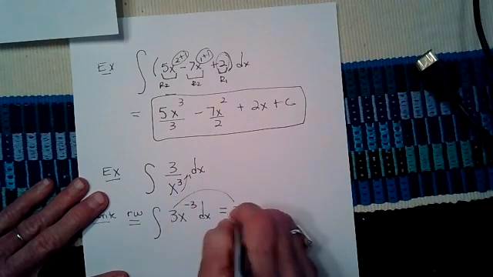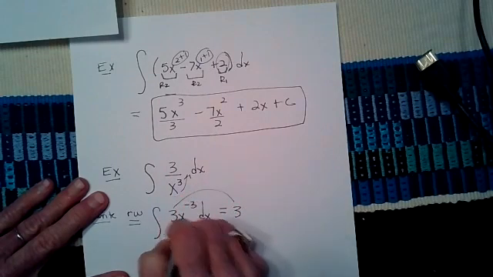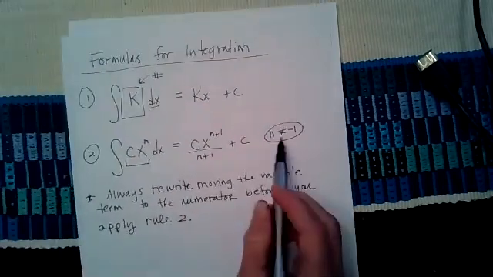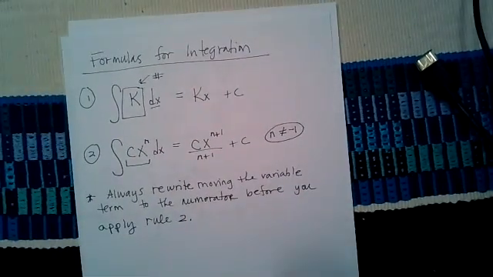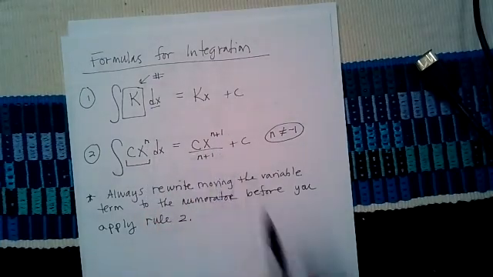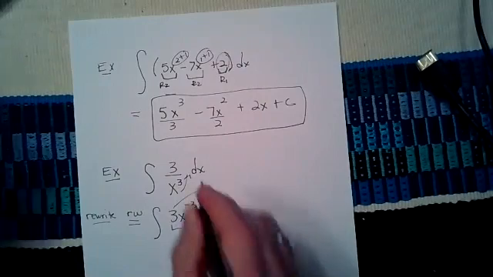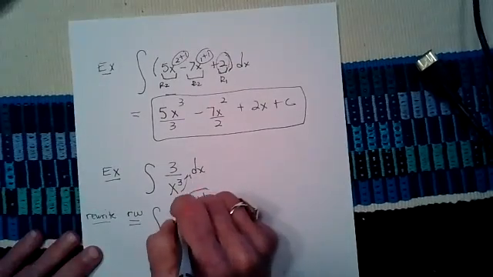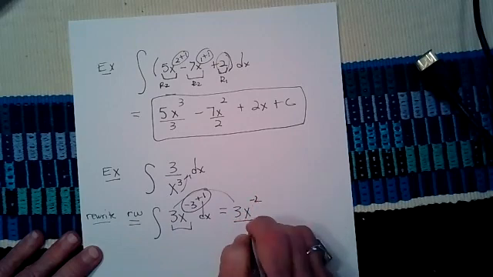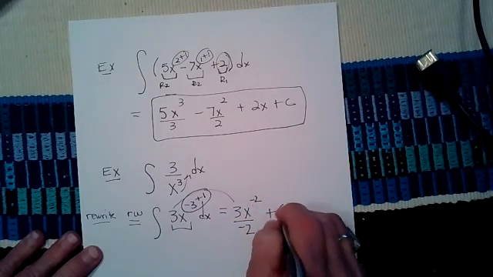Let's bring the constant term over. I have x to a power, and my exponent's not -1, so I can use rule 2. I'm just going to add 1 to my exponent and divide by my new exponent. What's my new exponent? What's -3 plus 1? It's x to the -2 divided by -2 plus c.